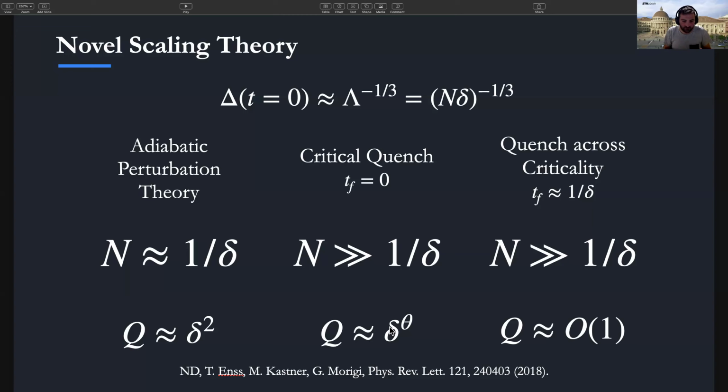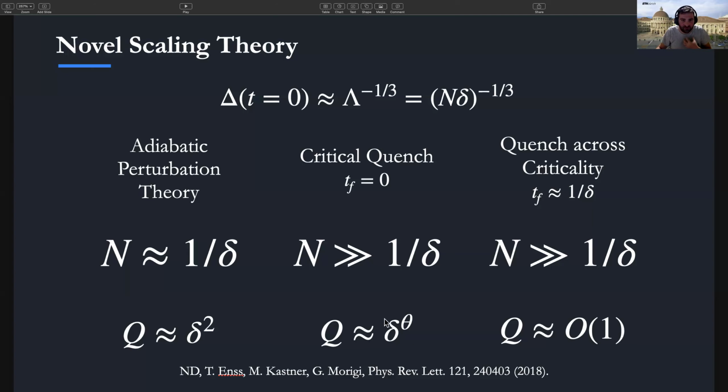They are infinitely slow. And if it's infinitely slow, you expect the system to always remain adiabatic. And even for a critical system like the one of the Kibble-Zurek mechanism, this is true, because when you send delta to 0, the number of defects goes to 0, even if it does that a bit slowly. It does it with a theta that is normally smaller than 2, or sometimes even smaller than 1. So the number of defects goes to 0 very slowly.